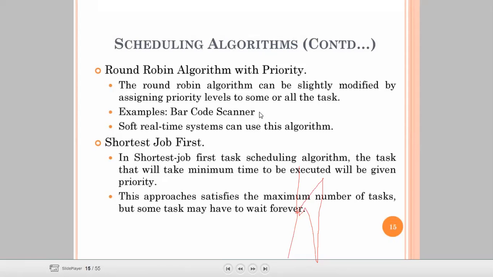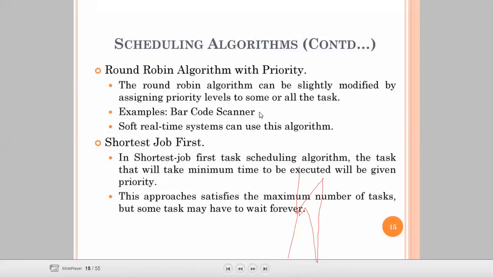Why? Because suppose in the task scheduling one task takes 2 minutes, and the remaining 1,000 tasks have less than 2 minutes of execution time. According to the shortest job first algorithm, the CPU executes the tasks having less execution time, less than 2 seconds or less than 2 milliseconds.